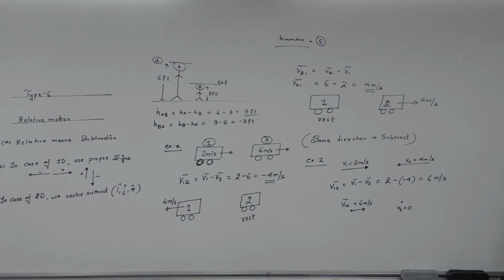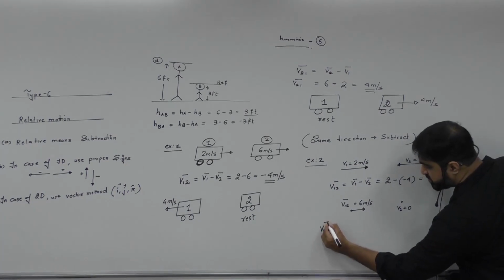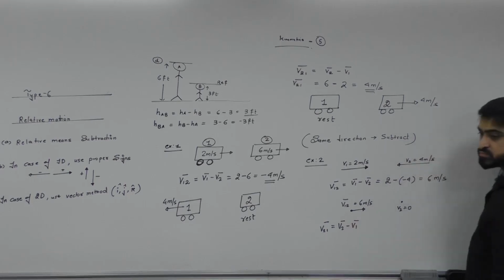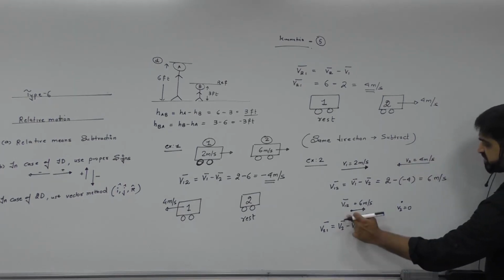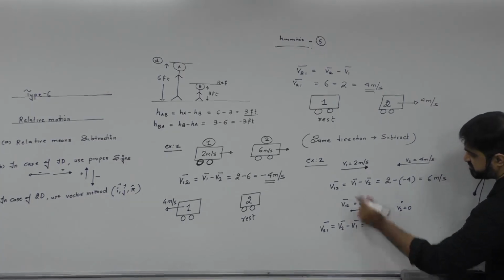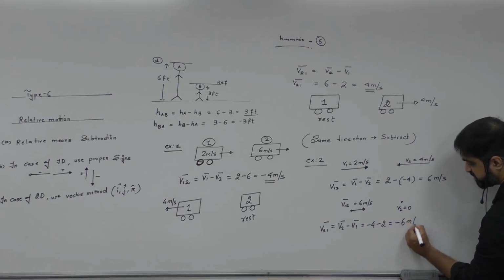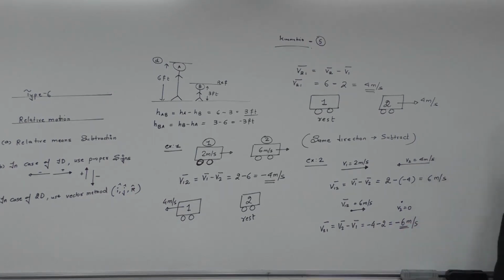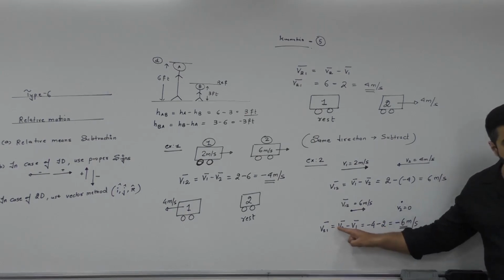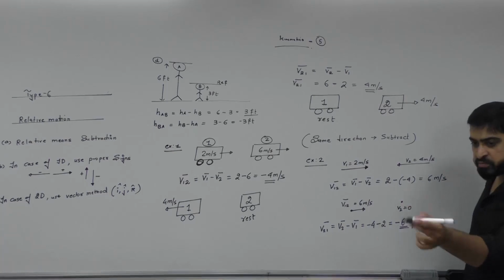Getting it? Similarly, if I tell you what will be V21 bar, it will be V2 bar minus V1 bar. What is V2 bar? V2 bar is minus 4. Minus V1 bar is plus 2. What will become? Minus 6 meters per second. Can anyone tell me who is looking at who? Velocity of 2 with respect to 1. So whoever is looking, stop him.